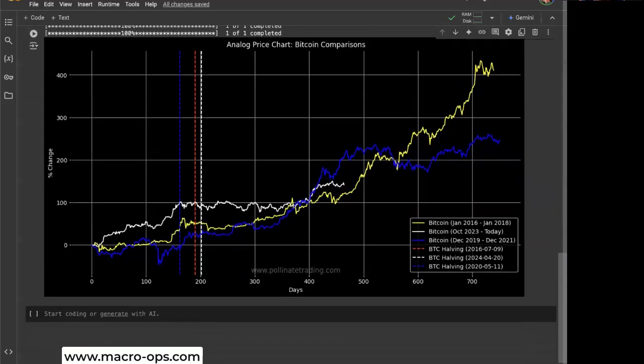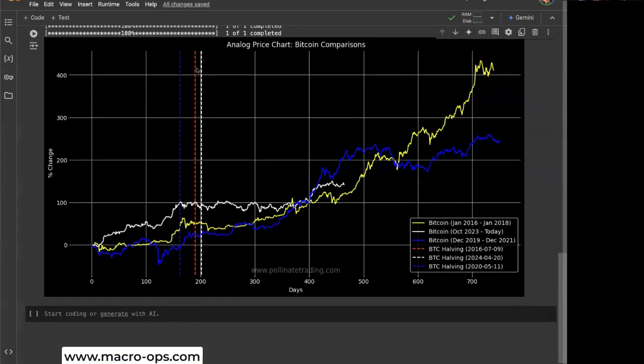This is an analog chart of Bitcoin compared to the two previous bull markets post-halving of Bitcoin. So the 2016 to 2018 bull market is the yellow line, and the 2019 to 2021 bull market is the blue line.